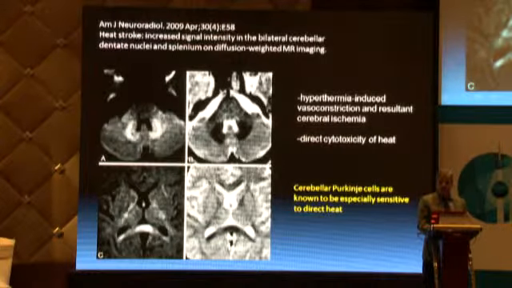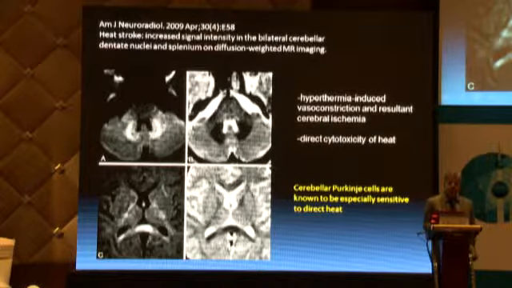So when you have severe hyperthermia, you can have a very similar pattern of findings, that is abnormality in the splenium of the corpus callosum or the dentate nucleus of the cerebellar white matter. It is thought that even the cerebellar surface can be involved because Purkinje cells are known to be especially sensitive to direct heat. So think of these diseases when you see old men on Flagyl with cognitive problems or somebody with a heat stroke having a problem.